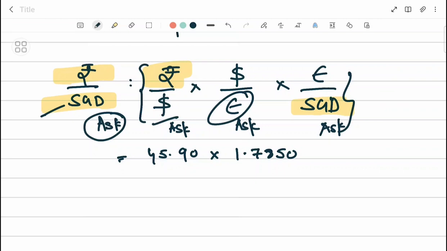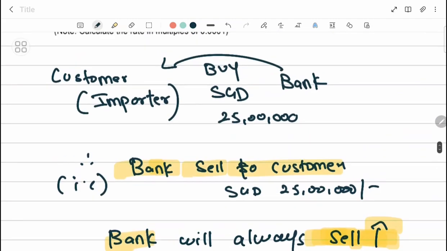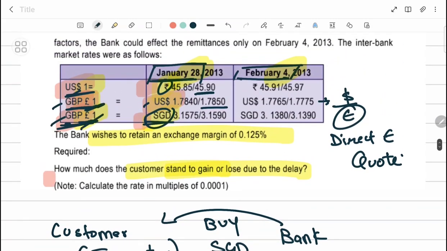It's the opposite rate. It's actually mathematics, but we are not going into why it changes right now. When you do the inverse, 1 by pound by SGD becomes SGD by pound. But instead of ask, now you have to take bid. Bid is the lower quotation, a direct pound quote, 3.1575 or 3.1590, the lower, 1575.